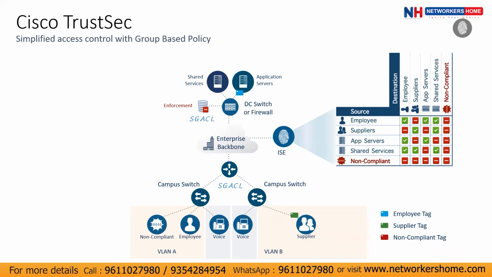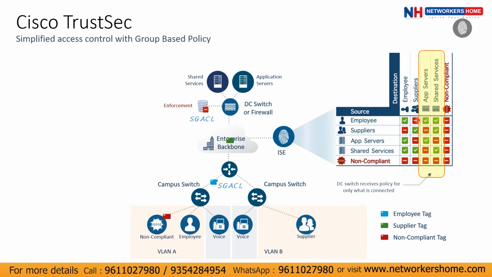So that's how you can create the policy, and based on that, traffic will flow. Now, suppose my employee moves from one side to the other; it will again check that policy, for example whether the servers are accessible or whether the endpoint is compliant. If I put this employee and a non-compliant user in the same VRF, my communication is still denied.